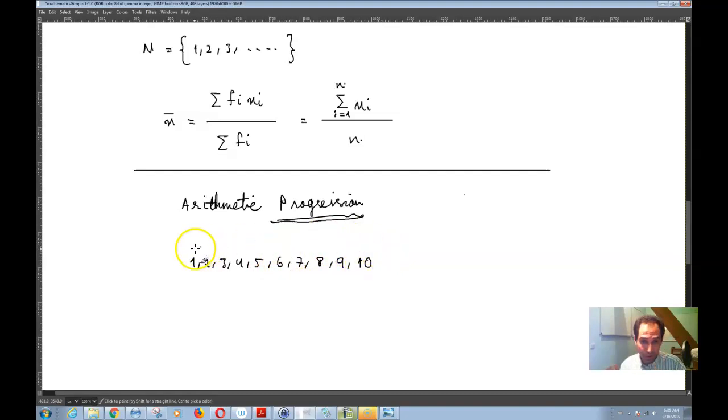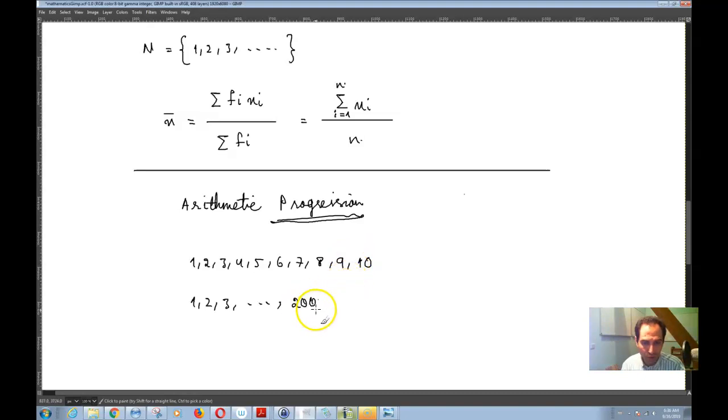You can do this for 10 numbers or for 20 numbers, but when your numbers go from 1, 2, 3 all the way up to, for example, 200, then of course you cannot sit and calculate the sum of the first 200 natural numbers. Well, that's possible.